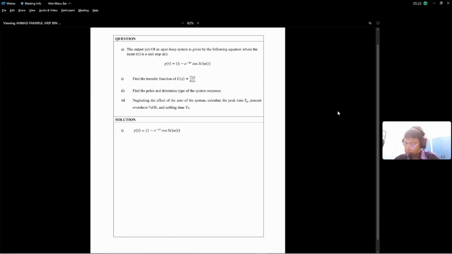So if you see, you can see the equation. The question asks: the output y(t) of an open loop system is given by the following equation where the input r(t) is a unit step u(t). So this is the equation, and this is a t domain equation.